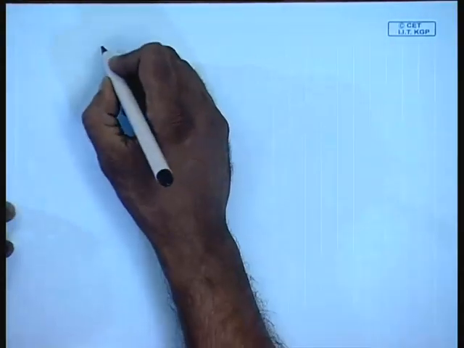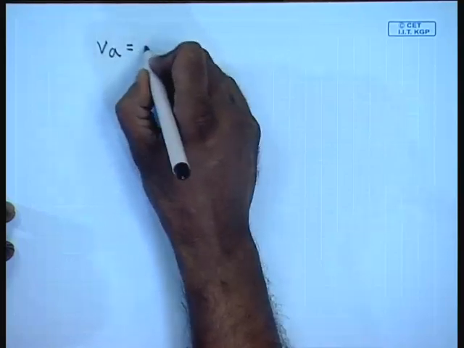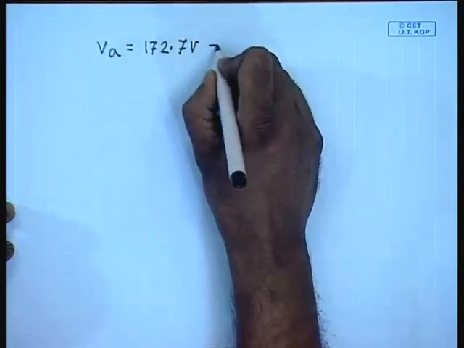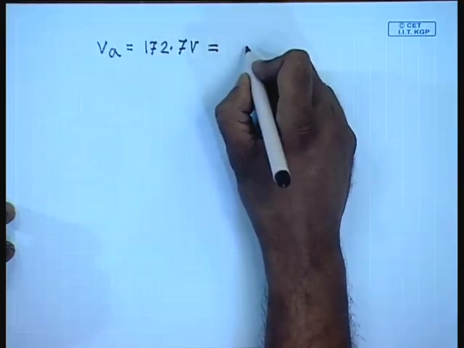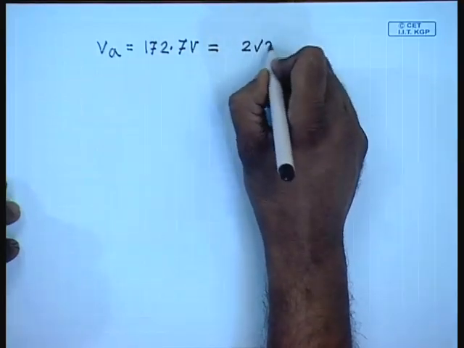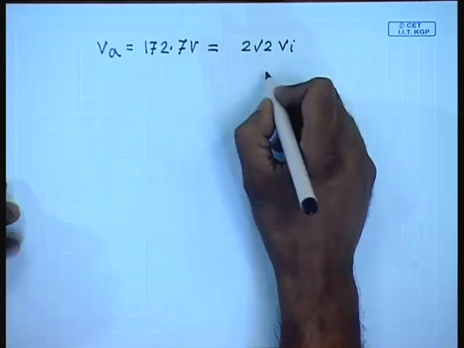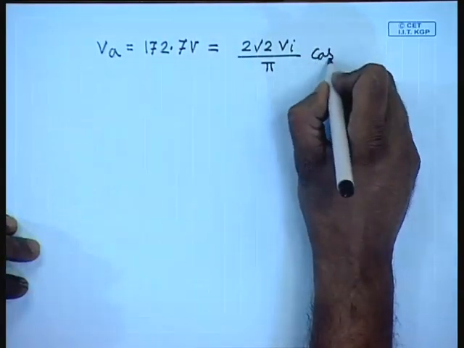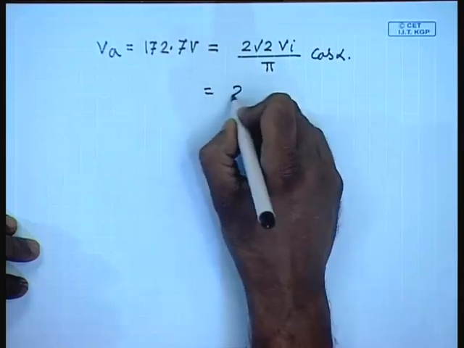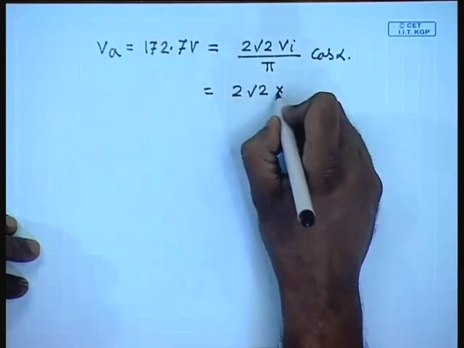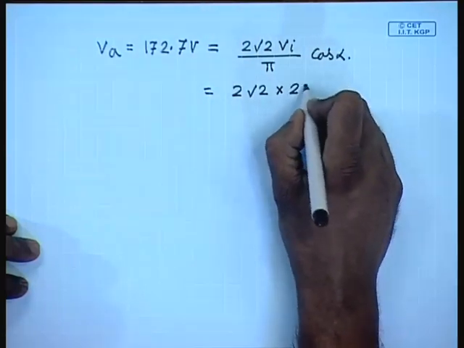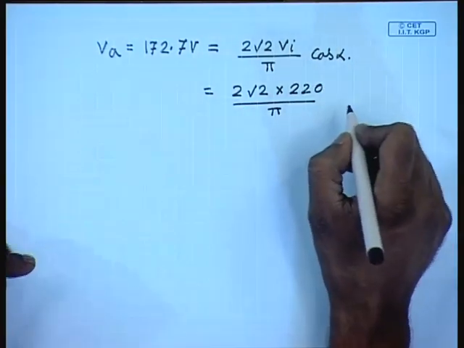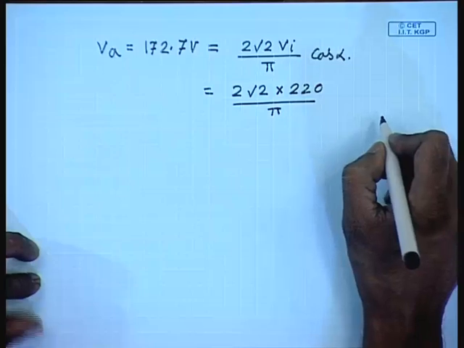Now, this VA is equal to 2√2 VI by pi cos alpha, equal to 2√2 into 220 by pi cos alpha.